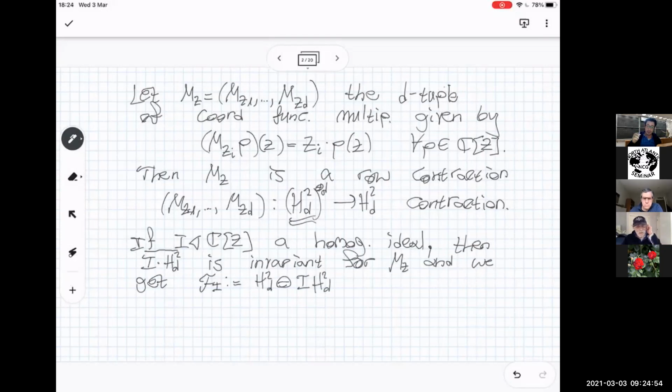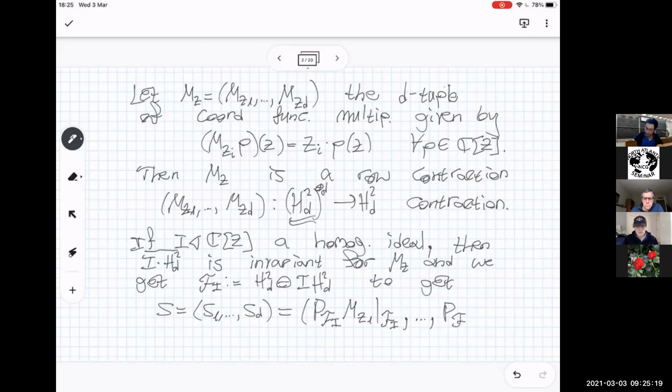And we compress the original tuple M_{z_1} up to M_{z_d} to this subspace, okay? To get a new tuple S, which is equal to S_1 up to S_d. It's given by P_{F_I} M_{z_1} restricted to F_I all the way up to P_{F_I} M_{z_d} restricted to F_I.